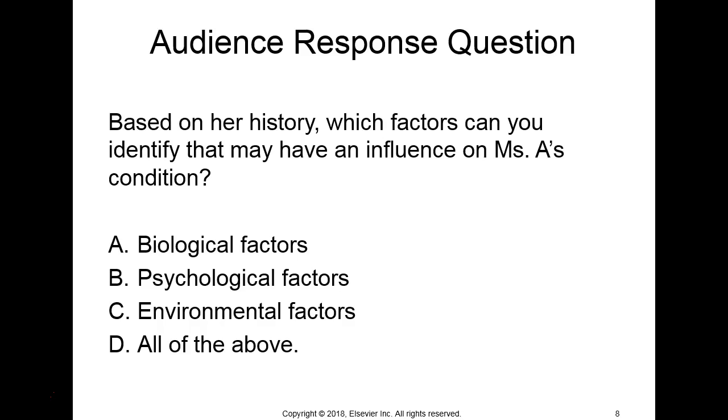We don't know for sure about the biological factors, but it sounds like perhaps her parents, at least her dad, might have had a predisposition or perhaps had some bipolar issues himself. So having that biological predisposition and then the psychological and environmental factors of having that difficult family certainly would influence the development of that condition.